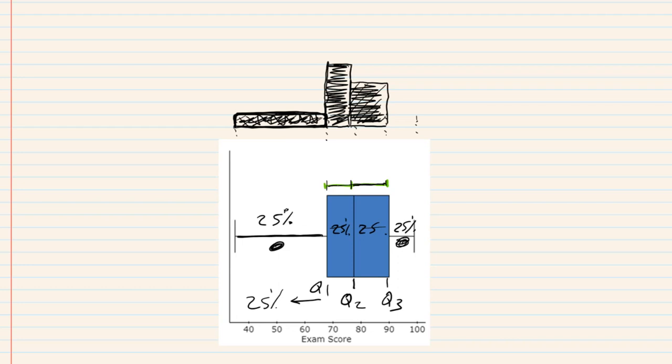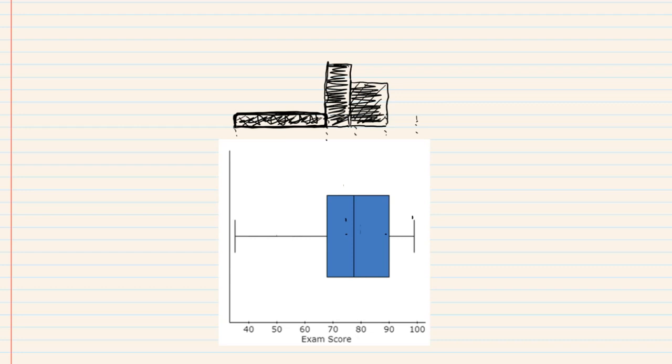And finally, the last segment of the box. If I look at the distance from here to here, that's roughly the same distance as my second bar in my histogram. So that's going to be almost the same width, and about the same height.